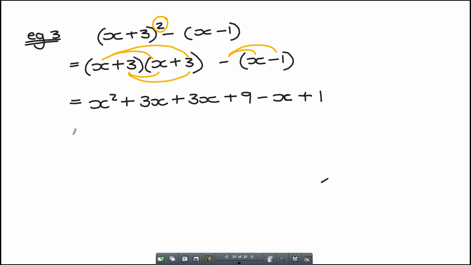Okay, so now I'm going to have x squared, and then 3x plus 3x gives me 6x minus x, so 5x. And then 9 plus 1 will give me 10. Okay. Now you guys will know exactly what to do.